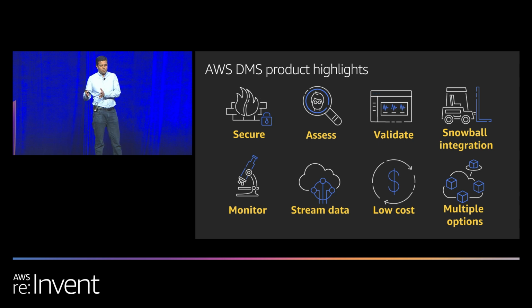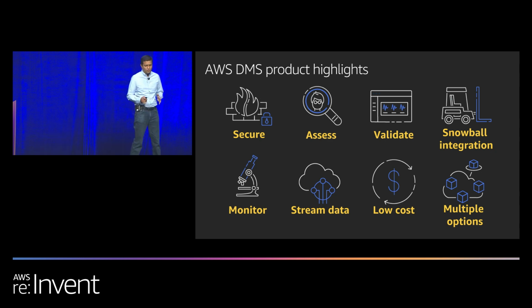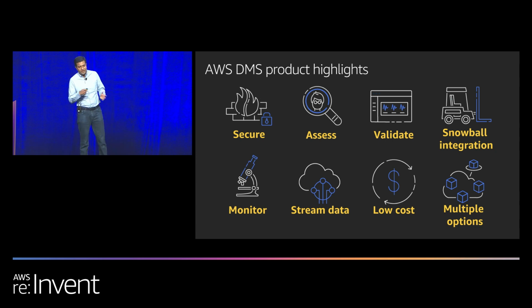The Snowball Edge device is shipped to AWS, where the data is uploaded to S3, and once it is available on S3, you can use it to migrate data to all the supported targets that are mentioned for DMS. This way, for migration use cases, you have multiple options. Basically, you can fan in, fan out using DMS.